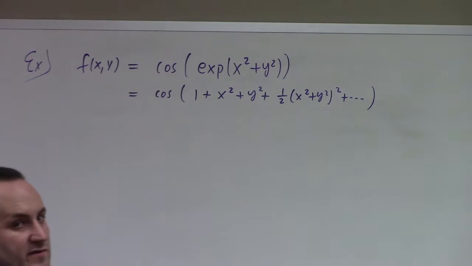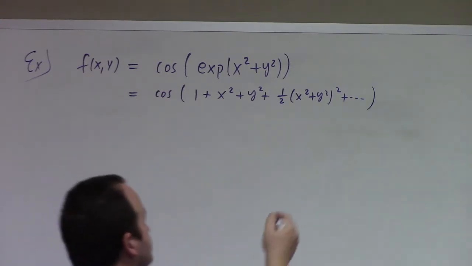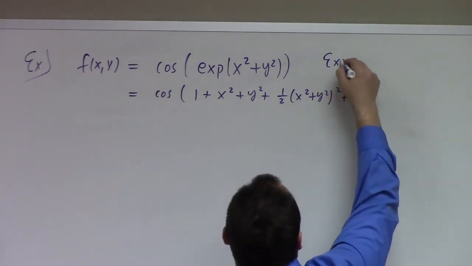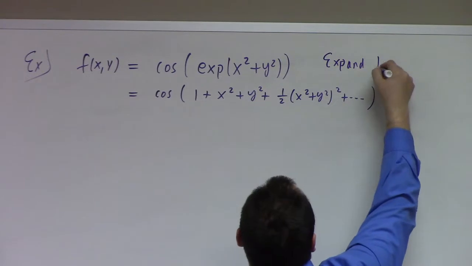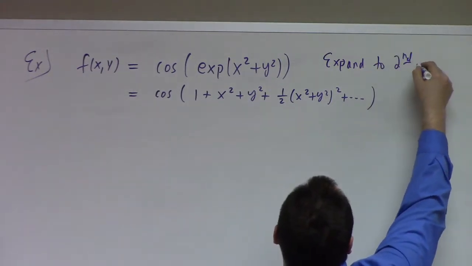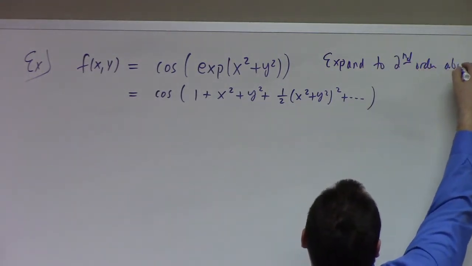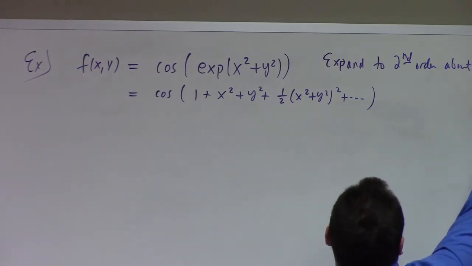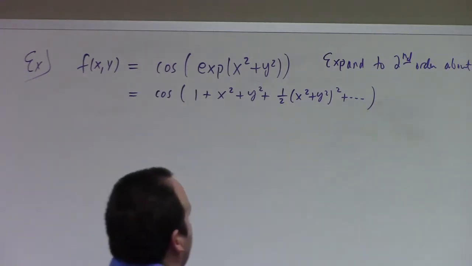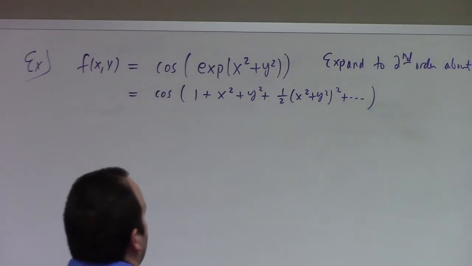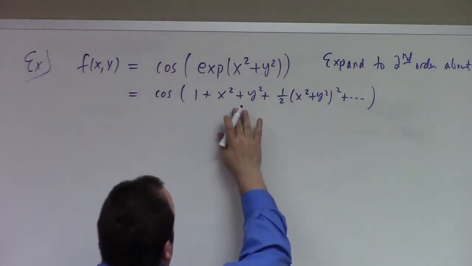Now the problem tells you that you only need to calculate the second order, right? It does. So that's part of the problem statement. Expand to second order. Now, sometimes the approach I'm taking right now is good. It works great, but I think it's going to fail here.